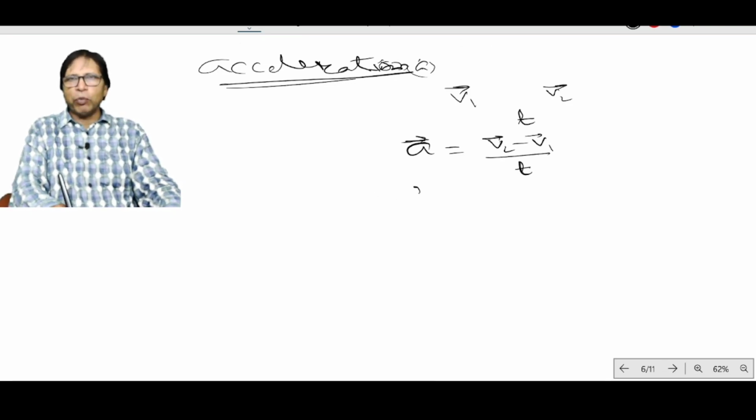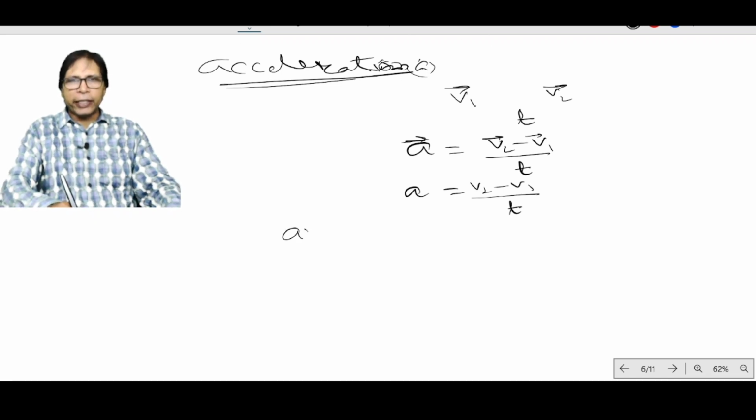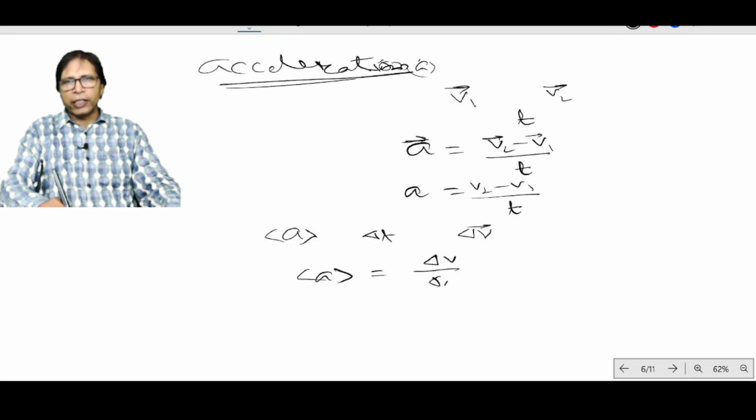For a straight line motion, a equals v2 minus v1 divided by t. Now average acceleration. In time interval delta t, if the change of velocity be delta v, then average acceleration equals delta v by delta t.